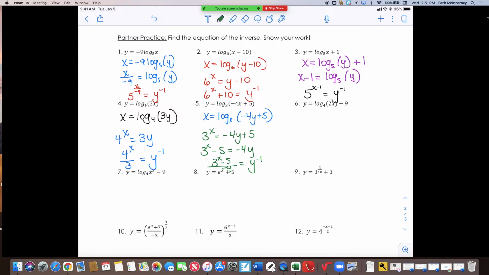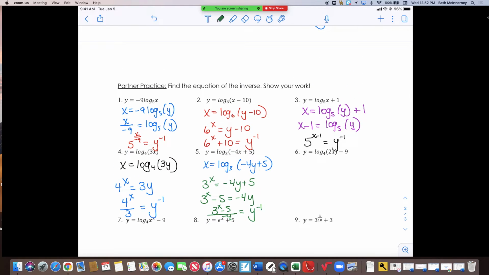You're trying to get y alone, so you would subtract the 5. Okay, so I'm hearing the same question over and over again. And here's kind of our big idea. If I have the log base b of x equals y, the equivalent exponential form is: the base is the base, the answer to the log is the exponent, equals y.